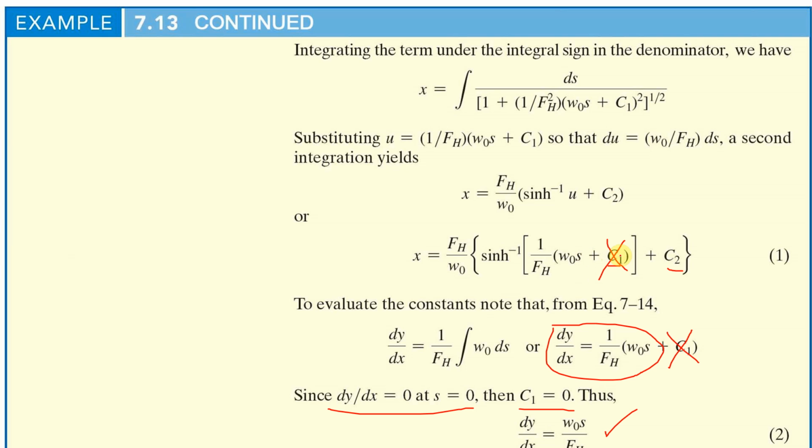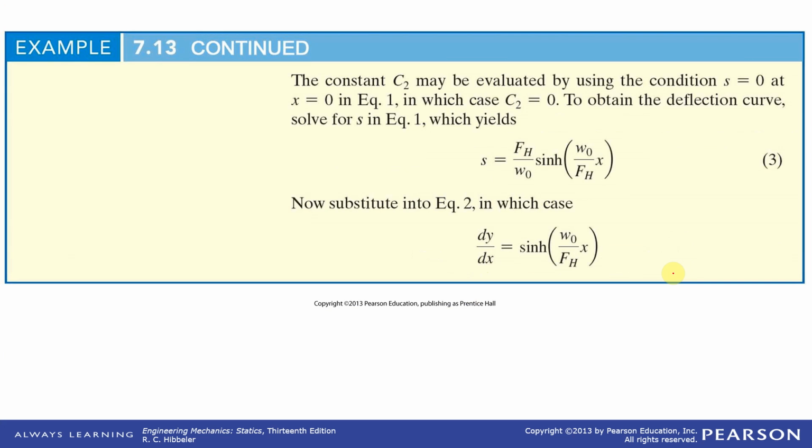The inverse hyperbolic sine, and the hyperbolic sine of 0 is 0, which forces C2 to equal 0. So we get this expression for s. A lot of times, because of symmetries of the situations, the integration constants can be found pretty easily like this.